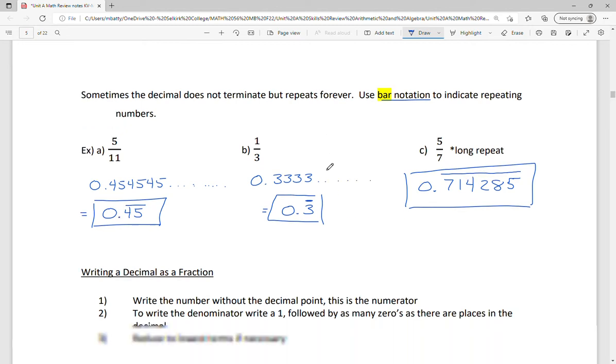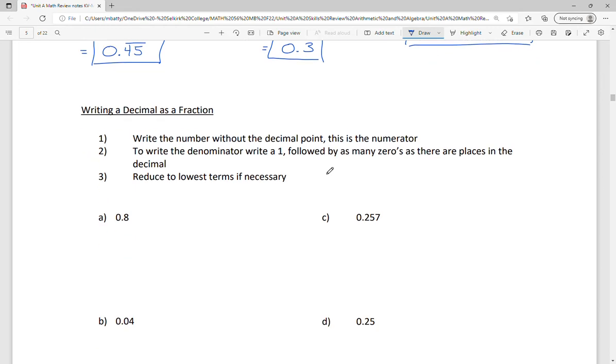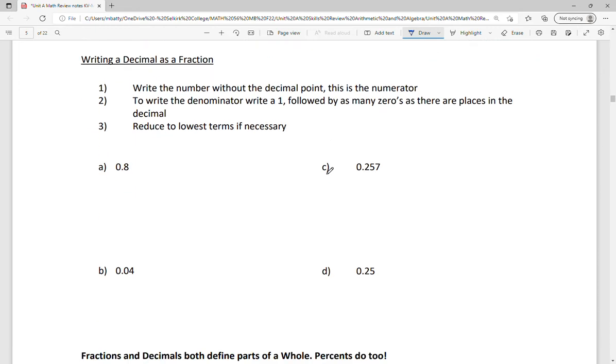So playing around, kind of switching from one form to another, we started out with fractions in the first section of Unit A. Now we're kind of going between fractions and decimals. So let's go back from decimals to fractions. So if we were given a decimal, it is possible to represent that as a fraction.